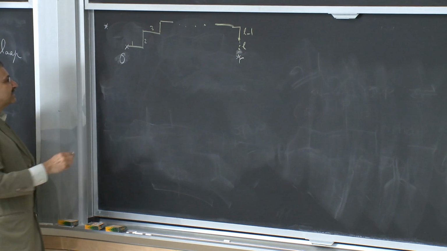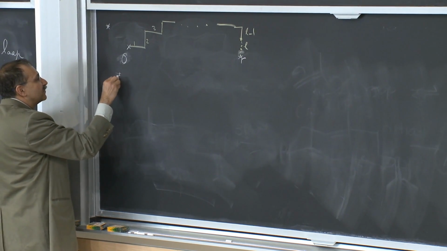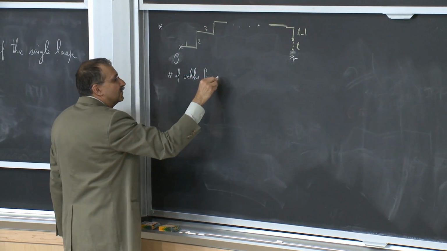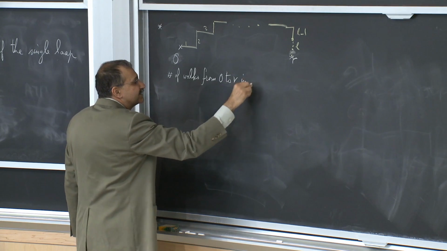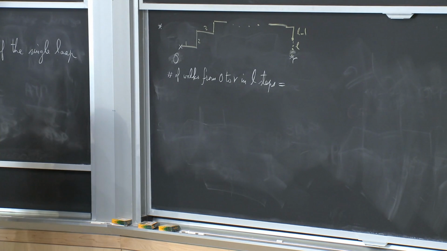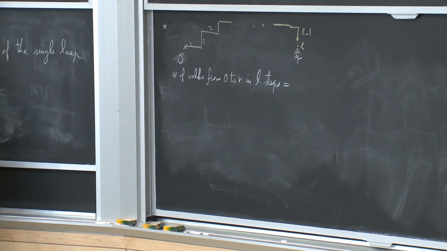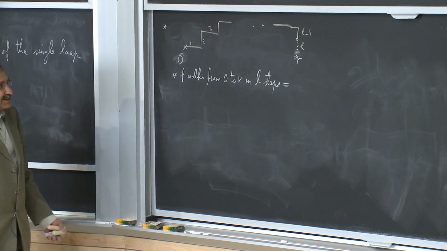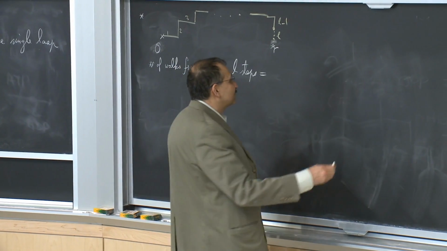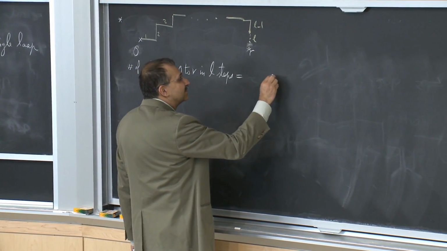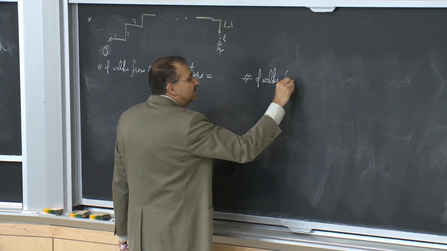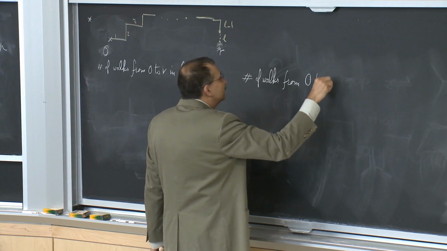So I can certainly state that the number of walks from 0 to r in L steps, well, any walk that got to r in L steps at the L minus 1 step had to be somewhere. Okay? So what I do is I do a number of walks from 0 to r prime.